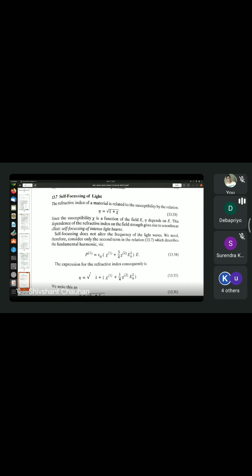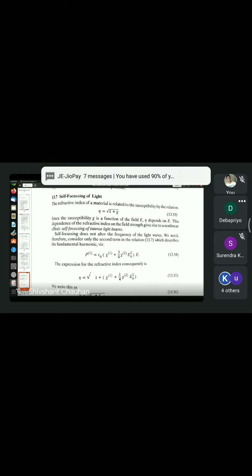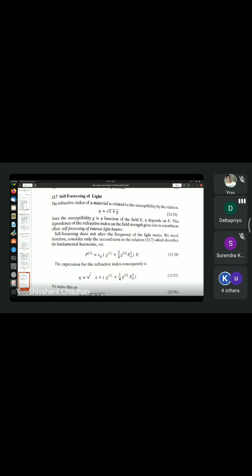So self focusing of light. This is another peculiar thing that happens with laser beams. When the laser beam is sufficiently intense, a peculiar thing not known to the physicists who dealt with the optical phenomena earlier, like Fresnel, Fraunhofer, and so on, even Maxwell.